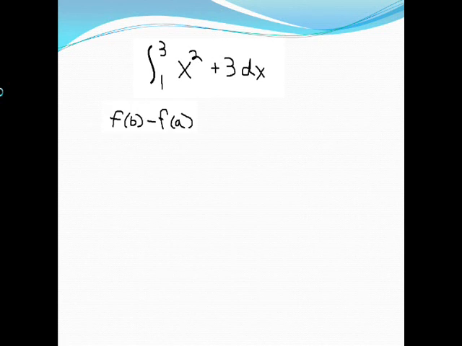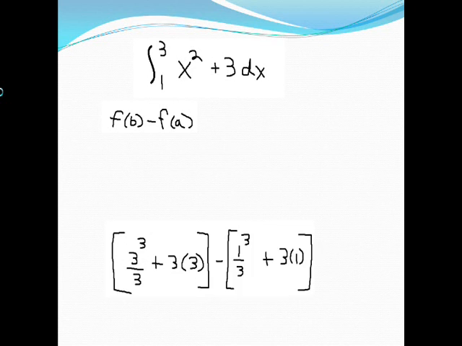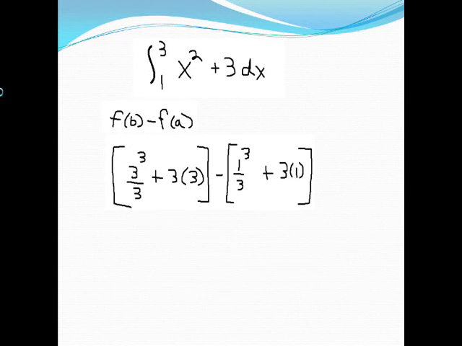Now what you need to do is substitute in your bounds, your 3 and 1. So f of b minus f of a, which would be f of 3 minus f of 1. But you need to plug in your functions. So it would look something like this: 3 cubed divided by 3 plus 3 times 3, subtracted by 1 to the third power over 3 plus 3 times 1.